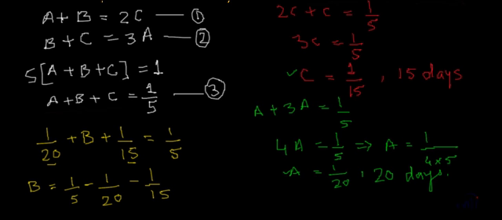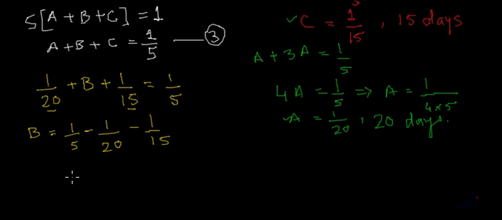Right? And now we have to take the LCM. So the LCM over here will be 60. 5 12s are 60, so this will be 12, minus 3 (20 3s are 60), so this will be 3. And here we will get 4, since 15 4s are 60.